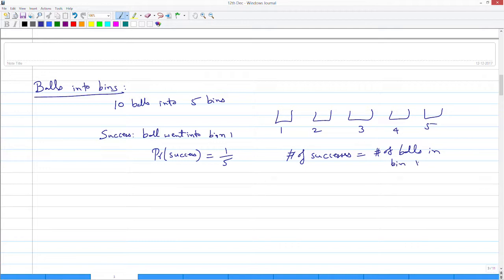If you were to only worry about the number of balls that got into a particular bin, say bin 1 here, this is nothing different from a coin toss and counting the number of heads, except that instead of probability of heads and tails being half each, the probability of success is 1 by 5. So, if you were to count the number of balls in bin 1, you once again have a binomial model.